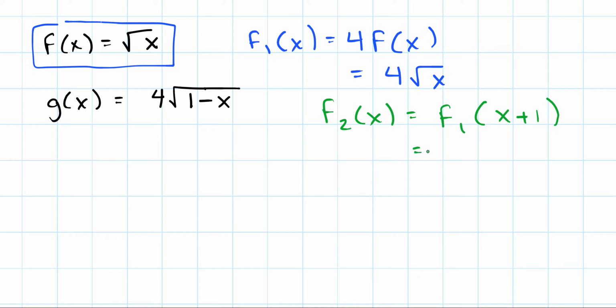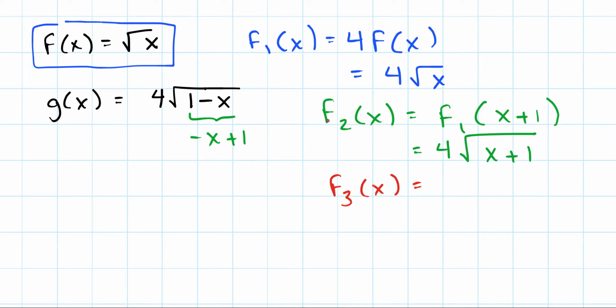And when I do that, I'll get 4 square root x plus 1. So I'm almost there. I just needed a negative, because this is the same thing as negative x plus 1, so I need to make this a negative. So my next step would be to take f2 and plug in a negative x wherever I see x. And that will give me this function g.